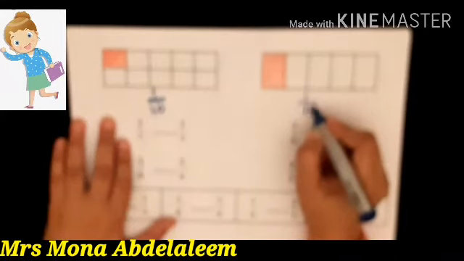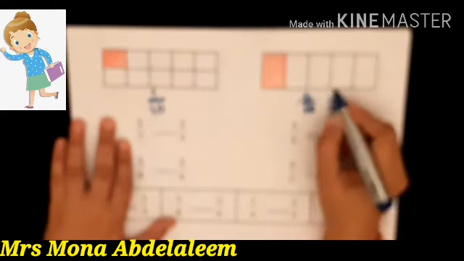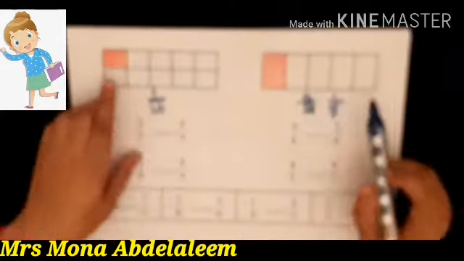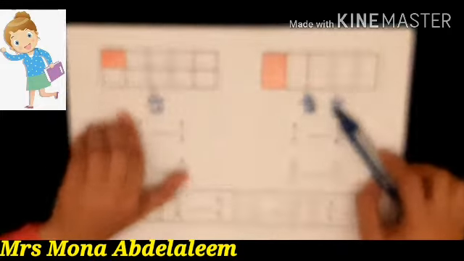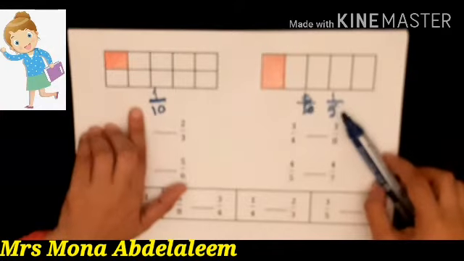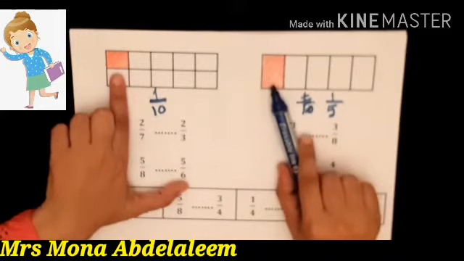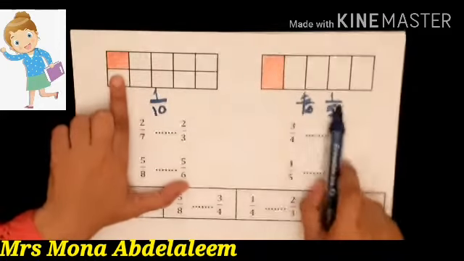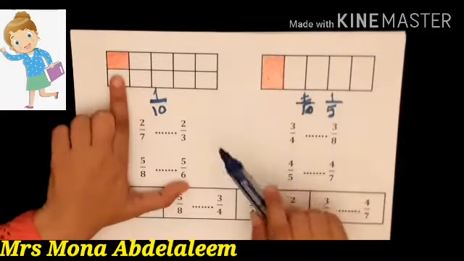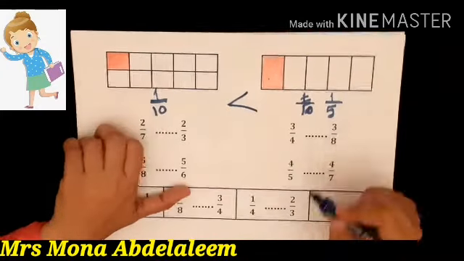Sorry, write 5. I'm sorry. I take one part. So 1/10, 1/5. Which is greater? This part and this part. Good. This part equals 1/5. So 1/10 is smaller than 1/5.